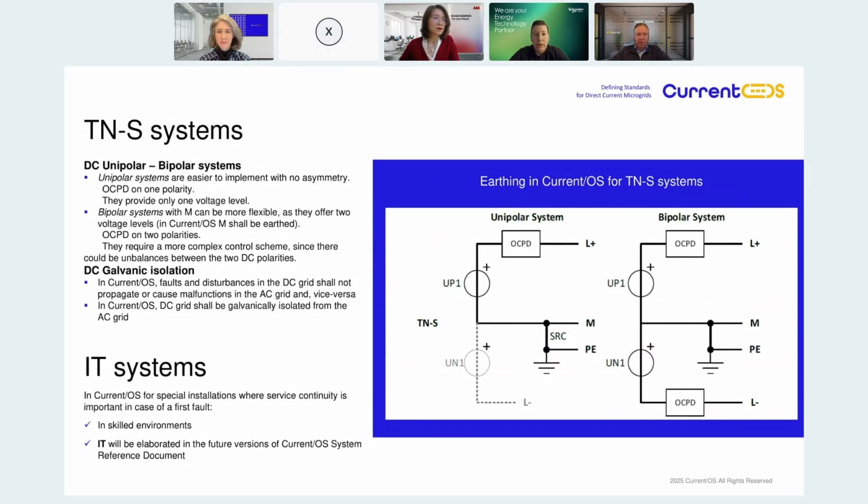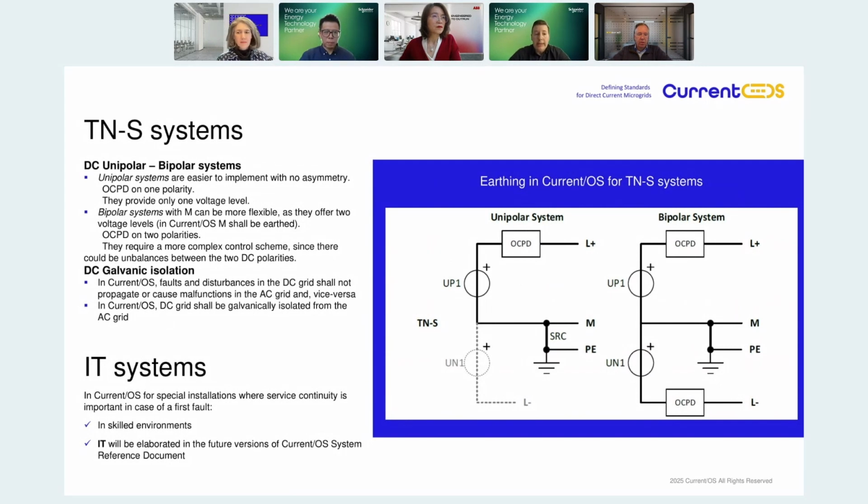We can have 2 voltages in the system, but they require a more complex scheme, in particular to handle the imbalances of the voltage if we have an unbalanced system, in particular unbalanced loads, and usually we need 2-pole overcurrent protective devices.